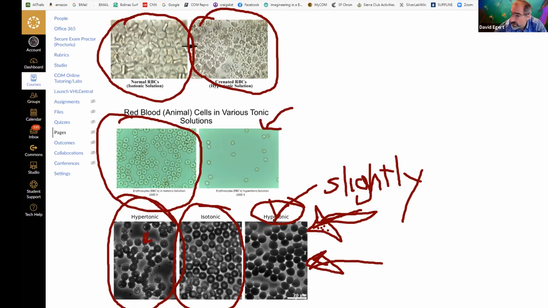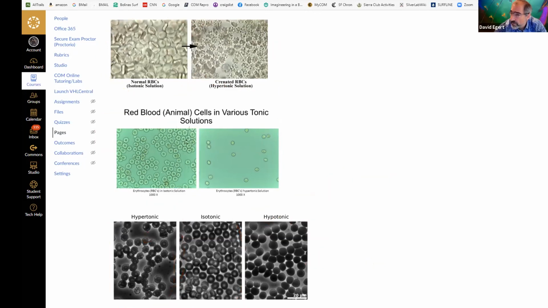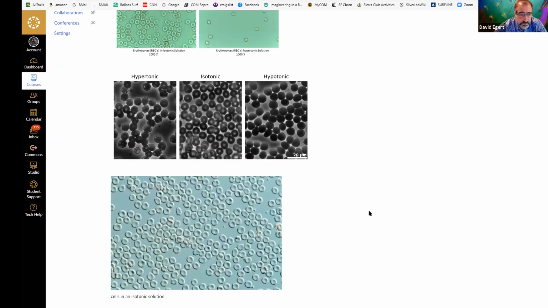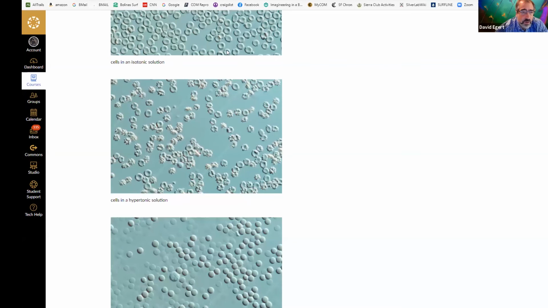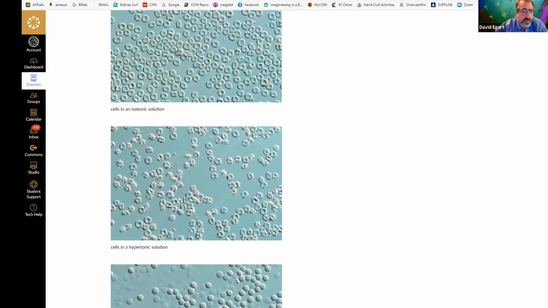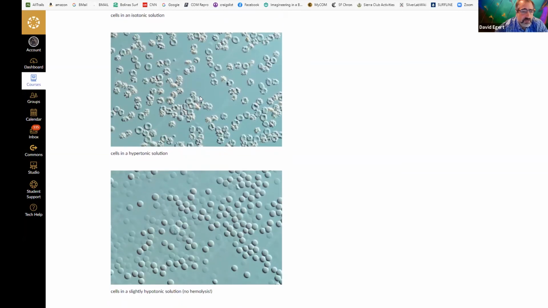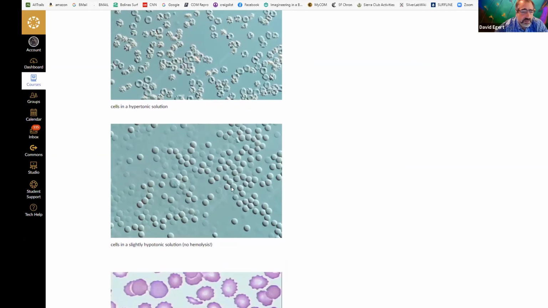Let me continue with this. Here are these images again, showing cells that are looking pretty happy, cells that are crenated, and cells that are slightly hypotonic.